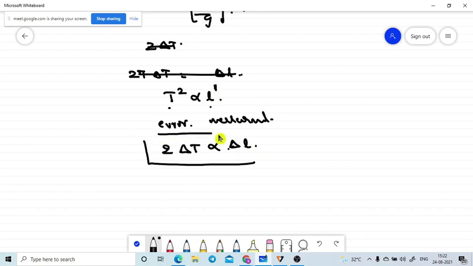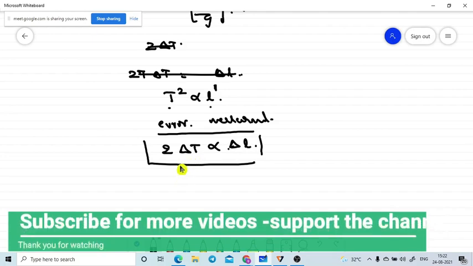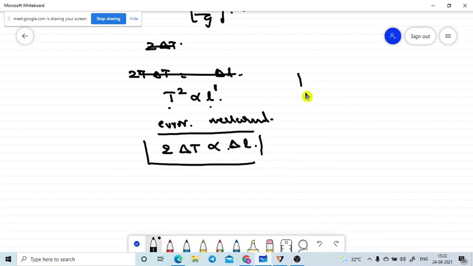This concept may not be in your PUC 1 level. Error calculation topic is over now. If a squared is related to b, the error gives 2 delta a directly proportional to delta b.